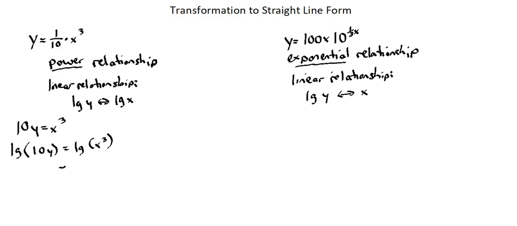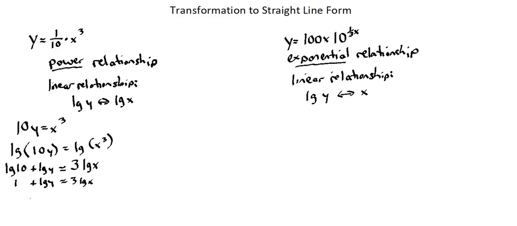I can manipulate the right side of the equation to become 3 times the log of x. I can manipulate the left side of the equation to become log 10 plus log of y. Log of 10 is equal to 1, so 1 plus log y equals 3 times log x.